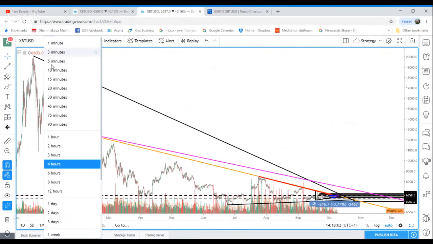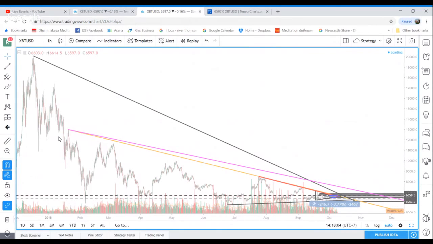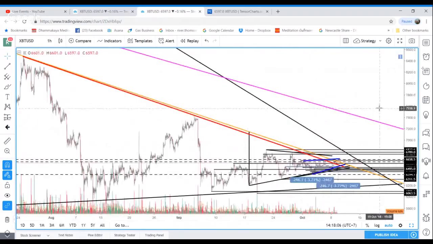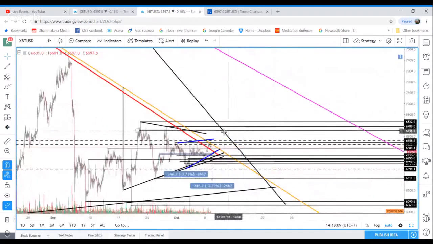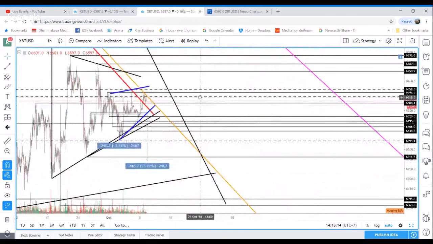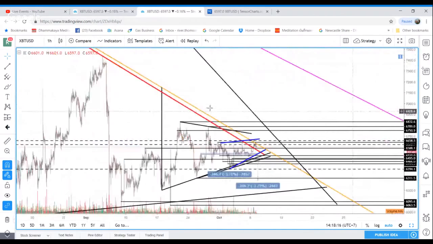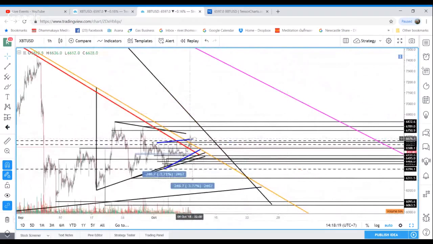If we zoom in on that, you can see, bang, we went through it and under it again. Okay, so we had a horrible fake out of that yesterday, and we're back under it.